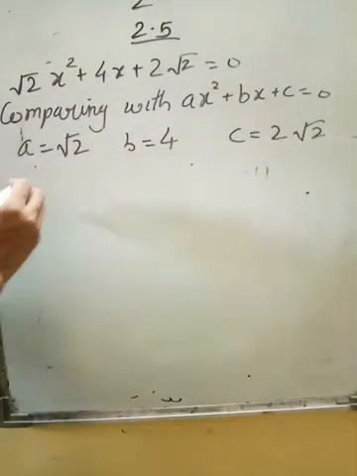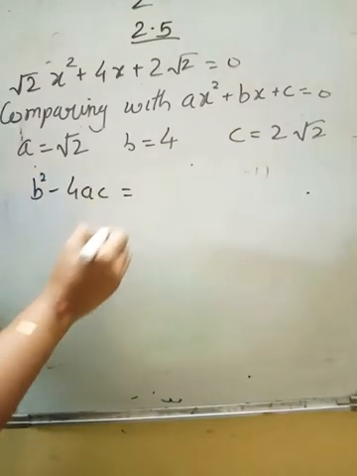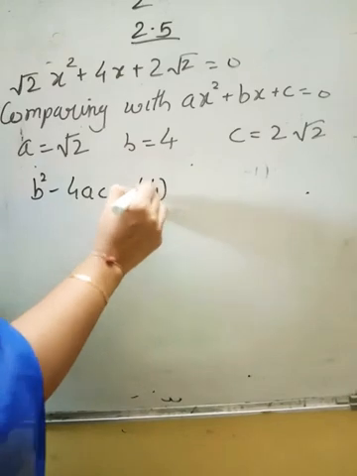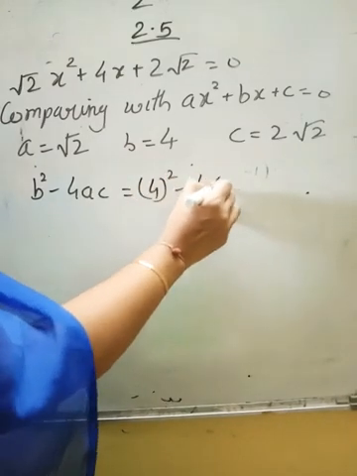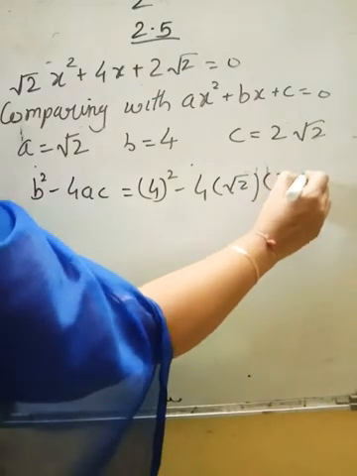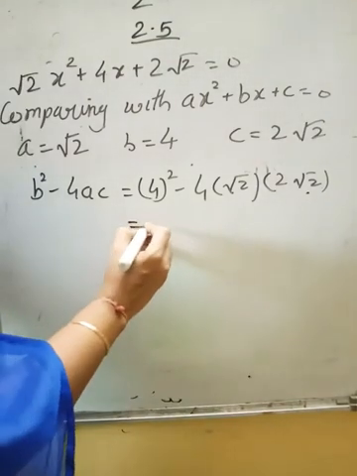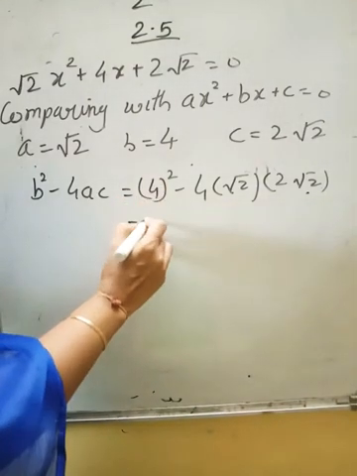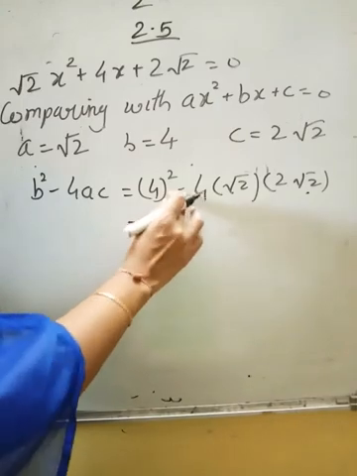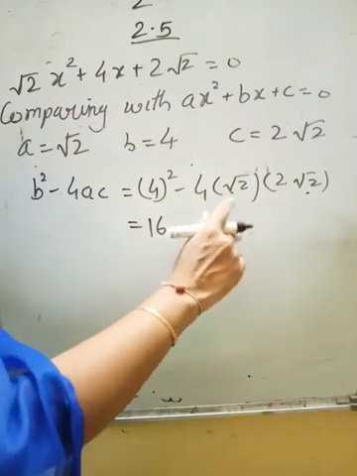So we are going to have b square minus 4ac, the discriminant. So that will be 4 the whole square minus 4, a is root 2 and c is 2 root 2. So 4 square is 16, minus, and the minus sign remains as it is. Now what you are going to do?